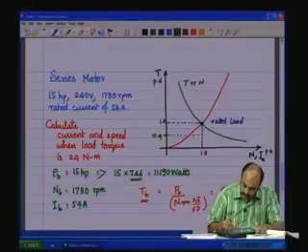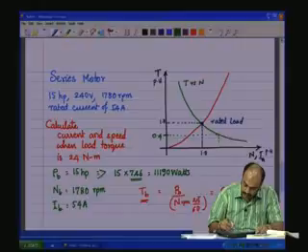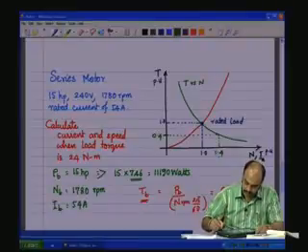At that point we have speed which is 1.4 per unit, as given.